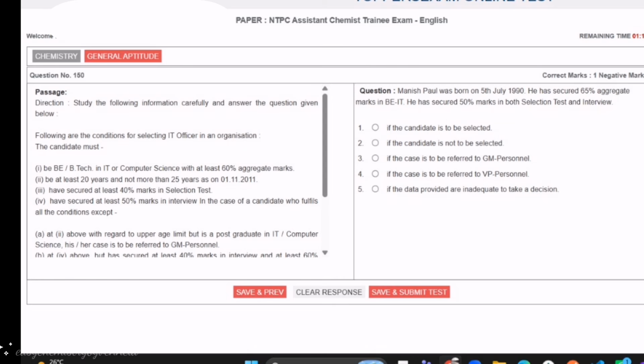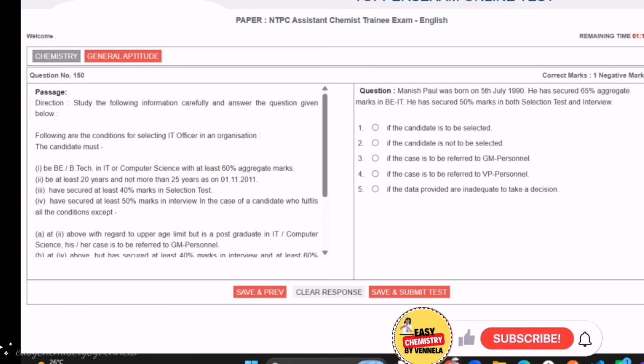In case of a candidate who fulfills all the conditions except these two statements, what is the given question? Manish Paul was born on 5th July 1990. He has secured 65% aggregate marks in BE IT. He has secured 50% marks in both the selection test and interview.